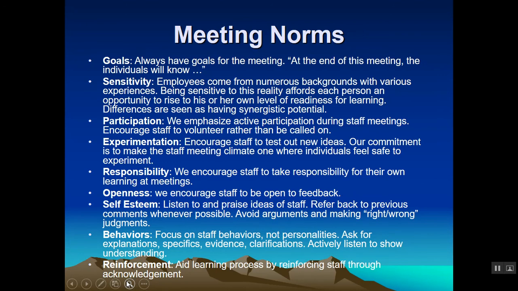So, meeting norms. It's good for your organization to know why you're having meetings, so having goals is important. You actually want to learn from people and take advantage of the diversity, so be sensitive to the various people in the group and how they process information.